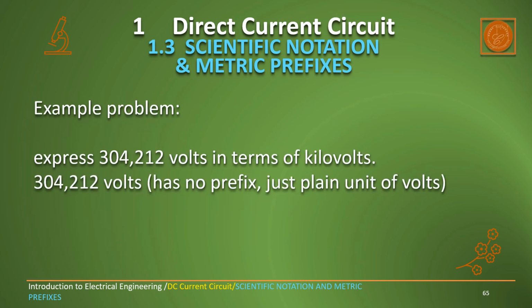Example problem. Express 304,212 watts in terms of kilowatts. 304,212 watts has no prefix, just the plain unit of watts.